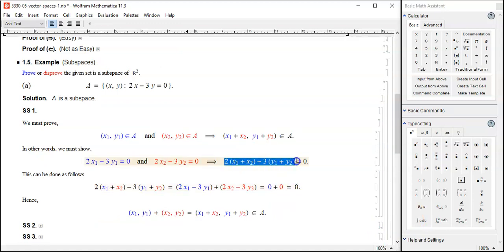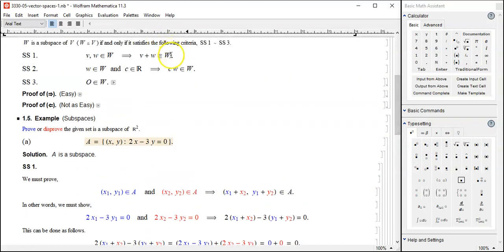You want to prove this one, right? So start from the left-hand side and then apply some algebraic manipulation. It's easy. Break up parentheses and then move some terms around, just plain algebra, and you get 0 plus 0, and that's 0. For better understanding, I made appropriate color coding. And consequently, the sum of those two vectors is in A. We just established the first condition.